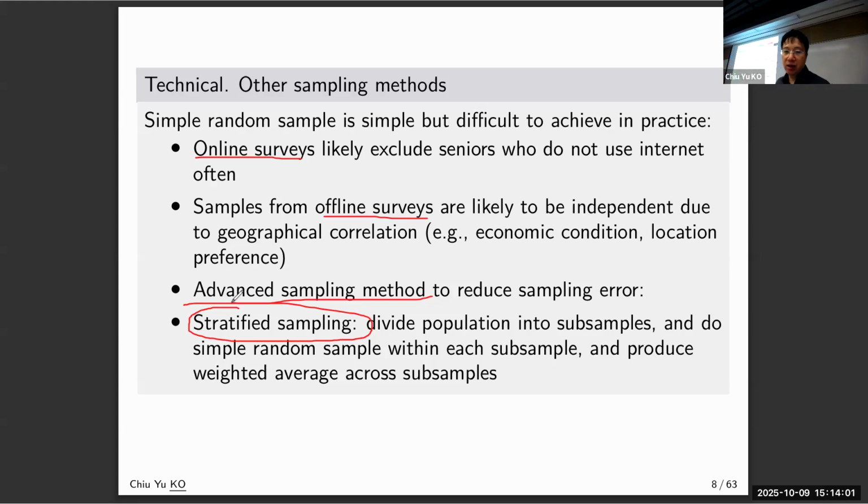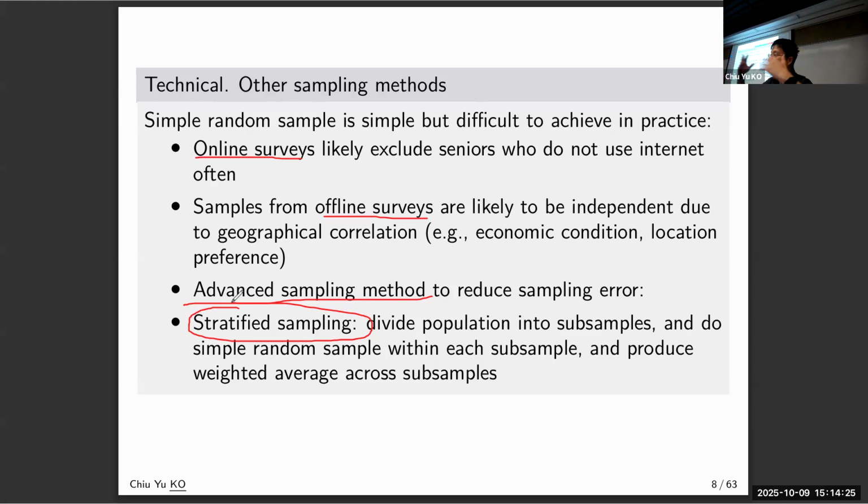Or you can imagine geographically, suppose CHK has more students than other schools. So you have to collect more samples from CHK and fewer students from Lingnan or CTU. That is the idea, right? It's proportional to the population.